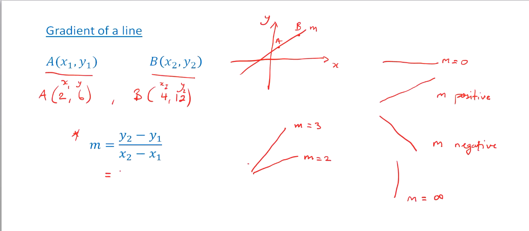So it's y2 minus y1, so it'll be 12 minus 6 divided by 4 minus 2, and that gives me 6 over 2, which is equal to 3. So the gradient of the line AB will be equal to 3.